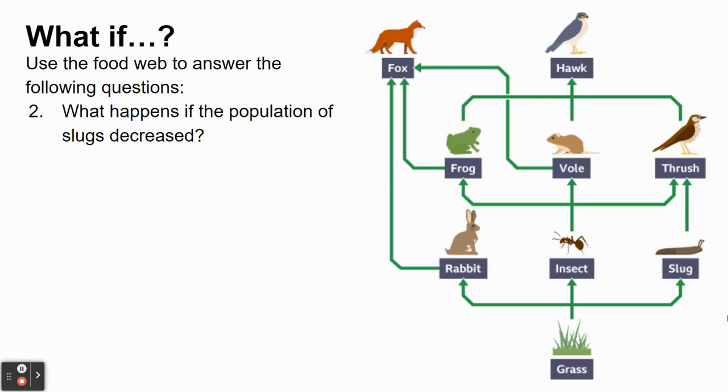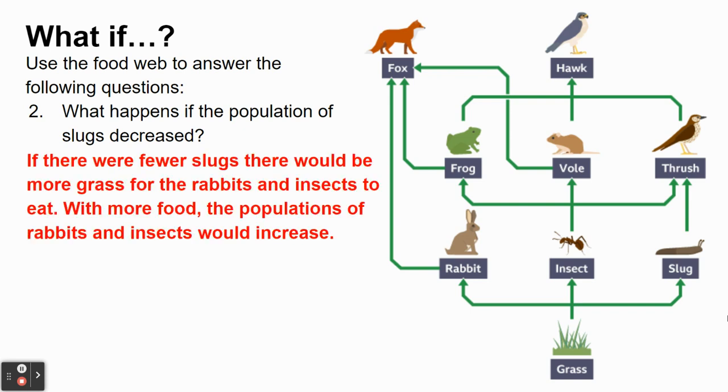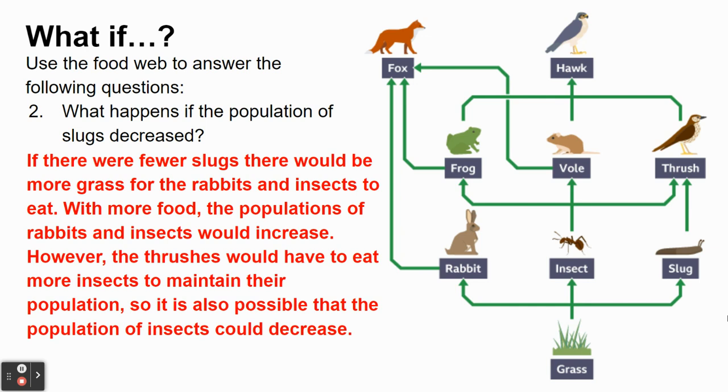What happens if the population of slugs decreased? Well, if there were fewer slugs, there'd be more grass for the rabbits and the insects because they're competing for the grass. So with more food, those populations of rabbits and insects would increase. However, you can see that the thrush is the predator of slugs. So they would have to eat more insects, which they also eat, to maintain their population.